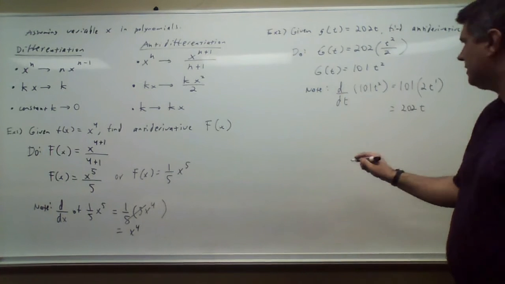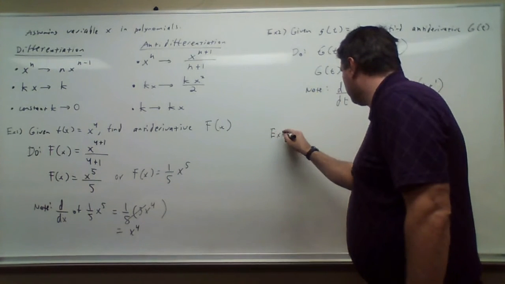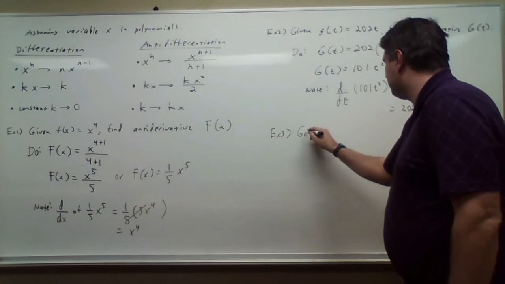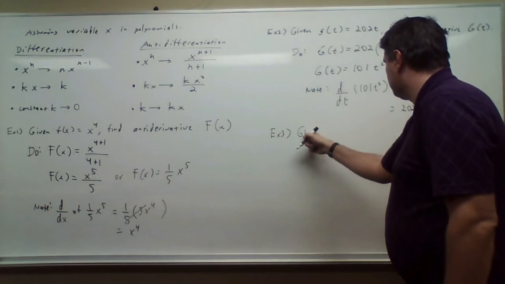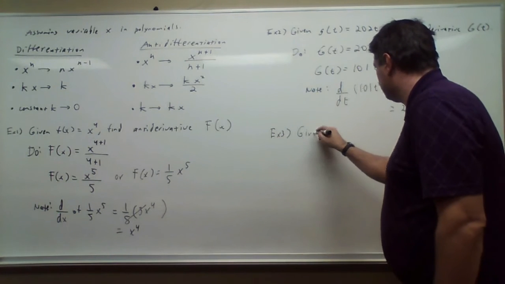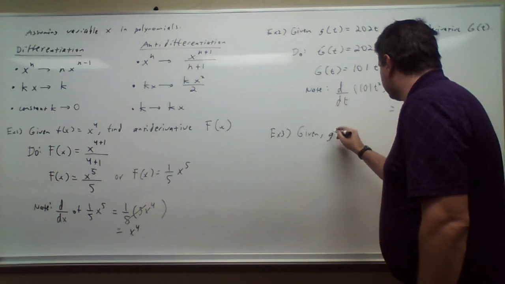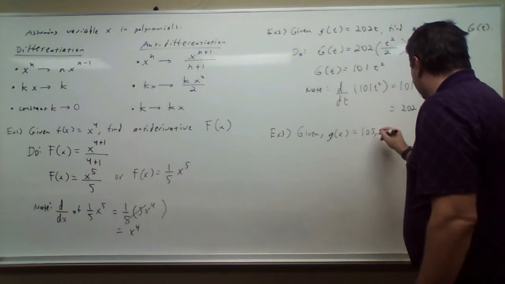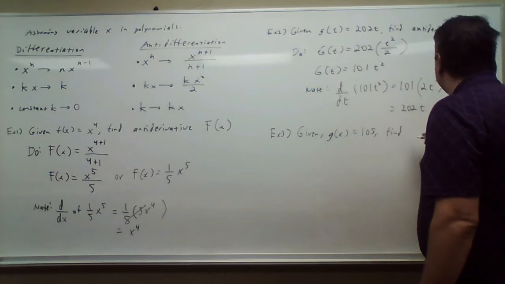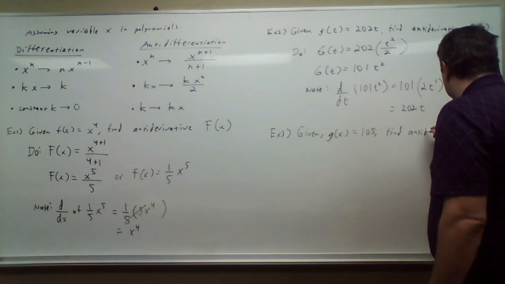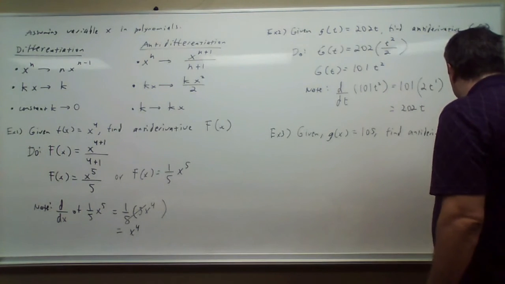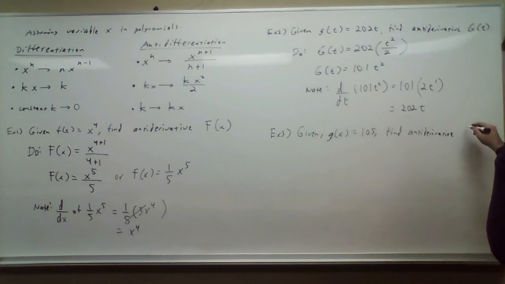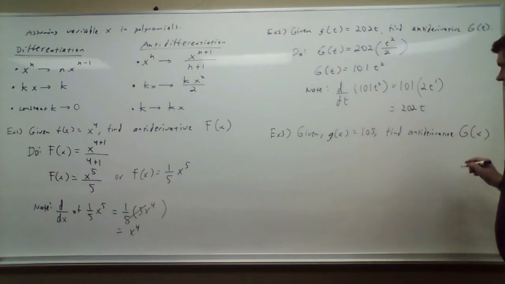All right. Example 3. Given g of x equals 105, find the antiderivative capital G of x.